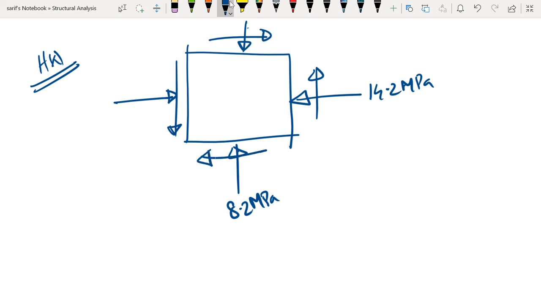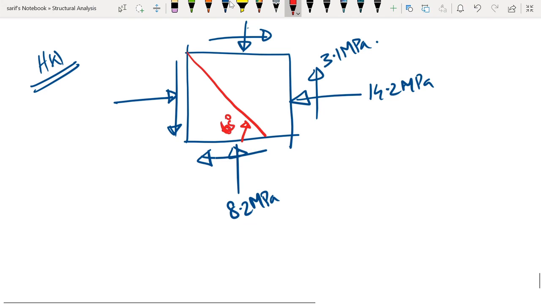This is the representation of the shear stresses. Shear stress is 3.1 megapascal. So this is a representation of the element, and what we require is the stresses on an inclined plane. We require stresses on this inclined plane, and the inclined plane is making an angle of 65 degree with the horizontal.